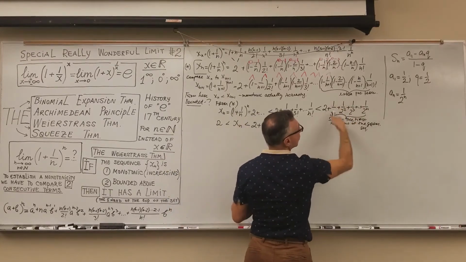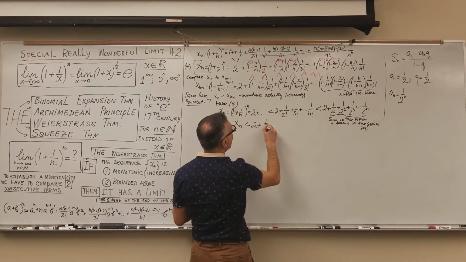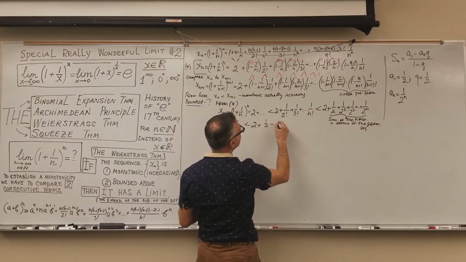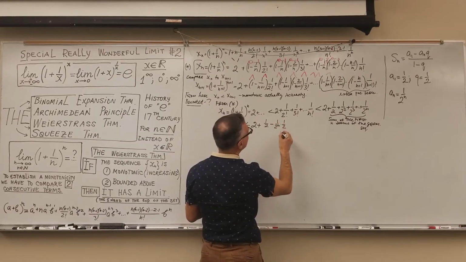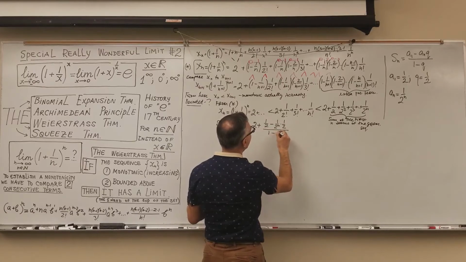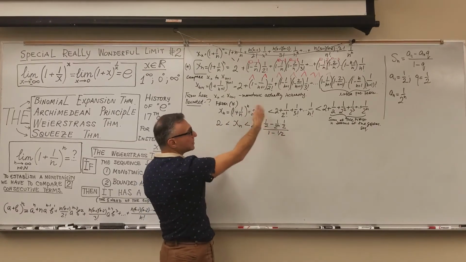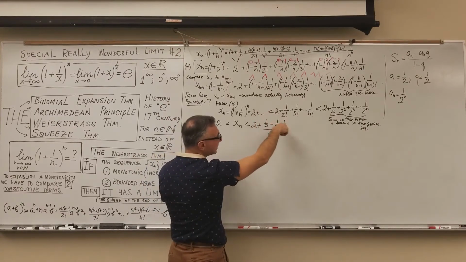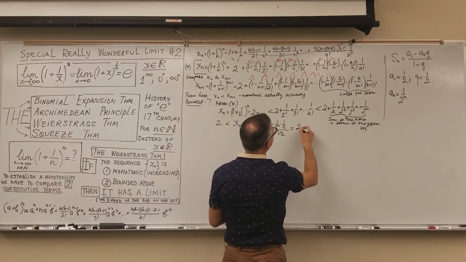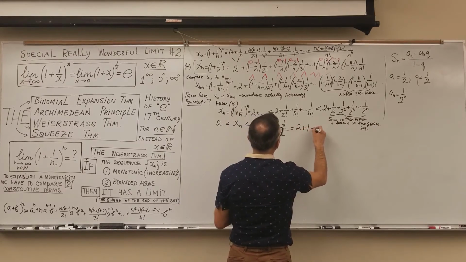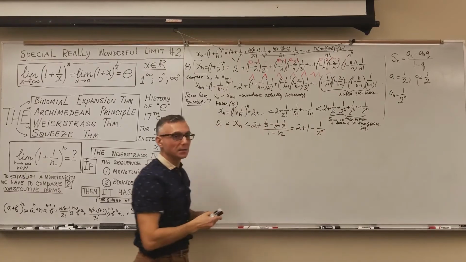2 plus, what is that? Follow the formula: it will be 1/2 minus 1 over 2^n, over 1 minus 1/2. So that's 1/2 multiplied by 2, so it's equal to 2 plus 1 minus 1 over 2 to the power of n.